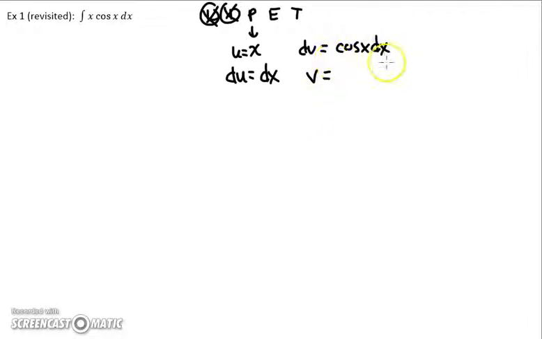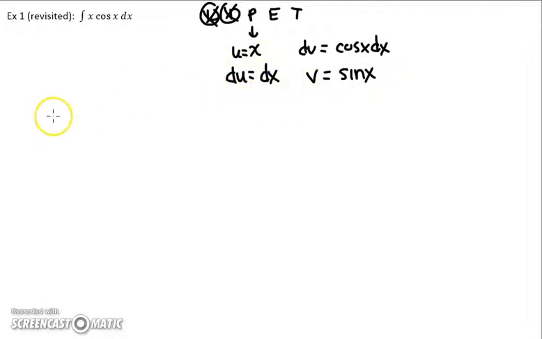The antiderivative of cosine is going to be sine of x. So again, we start with our u and our dv. We differentiate to find du, and we antidifferentiate to find v. Now we have u, v, and du.